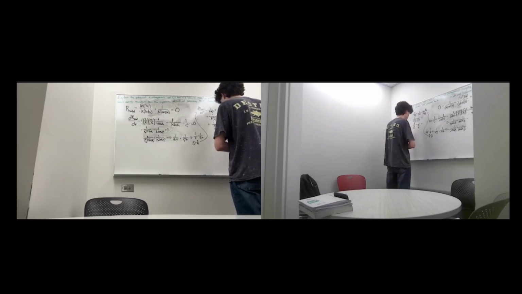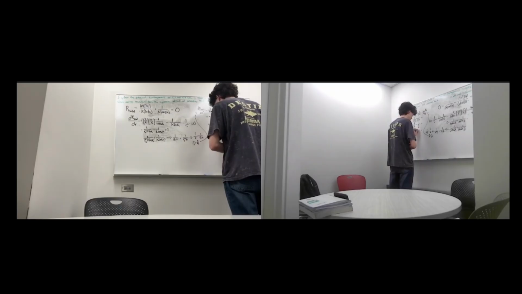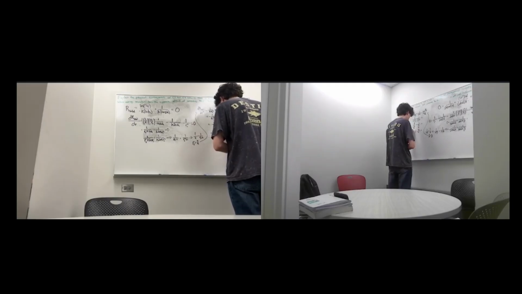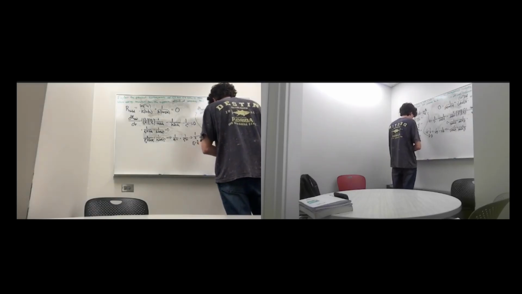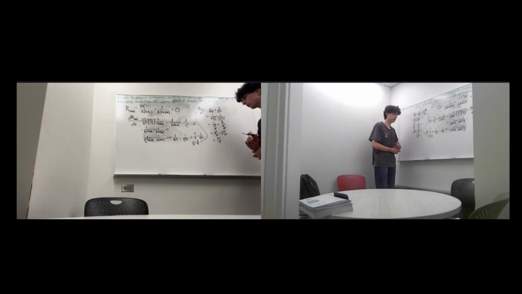That's 2 at h squared up top. So that's minus 1, so that just equals h squared over k cubed. So this is actually positive.